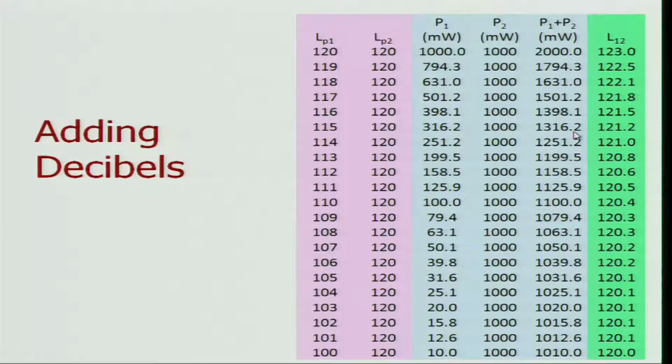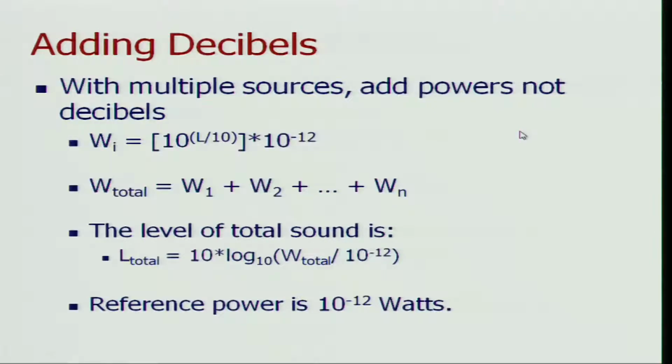So even though the wattage went up by 30%, on the decibel scale it went up by about 5 dBs. This is something very important to understand. And what this chart shows is that if there are two sources, this is how they add up. And now we will actually do an example.